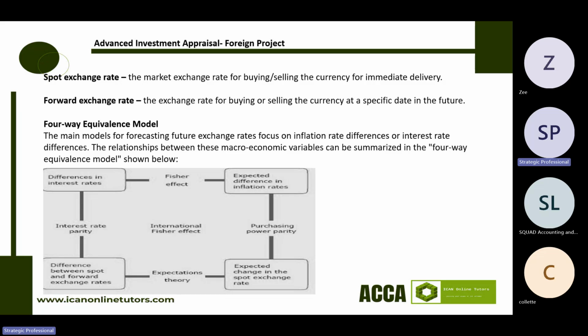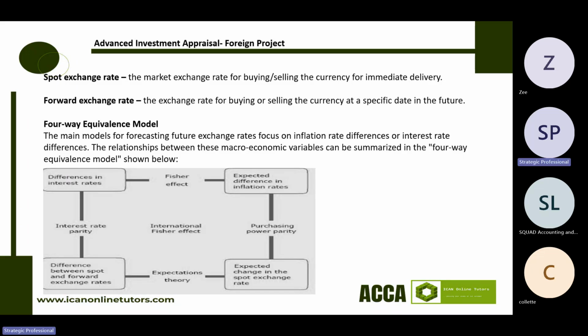How exchange rate changes and how it is calculated is based on inflation rate differences or interest rates. The relationship between these macroeconomic variables can be summarized in the four-way equivalence model shown below, which explains how exchange rate is being forecasted.